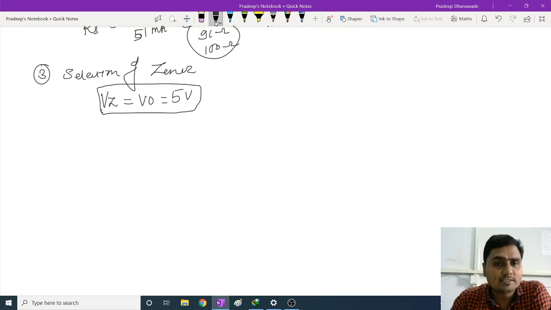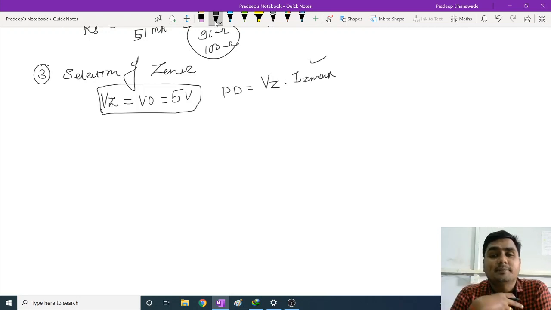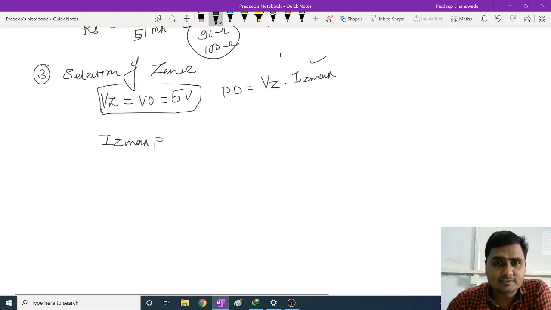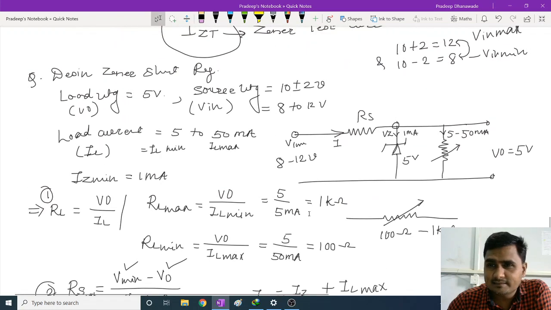Then we have to calculate its power dissipation. But to calculate power dissipation, what do I need? Vz multiplied by Iz max. This Iz max is not given. It is my job to calculate Iz max. I told you the equation. Iz max is equal to what? Scroll down, and Iz max.